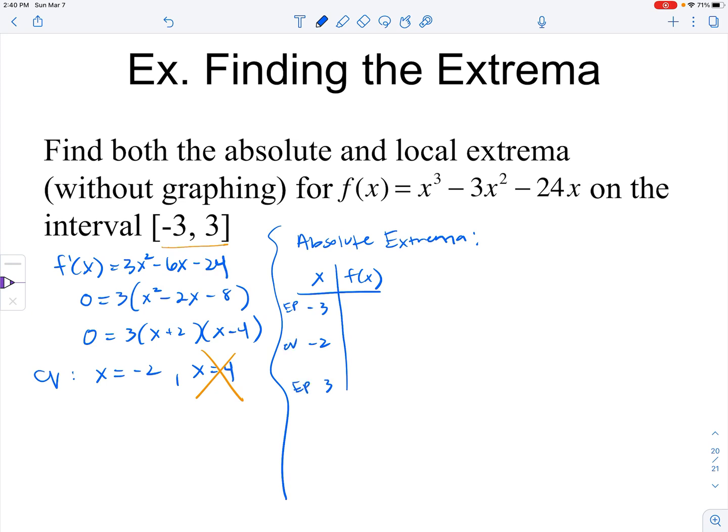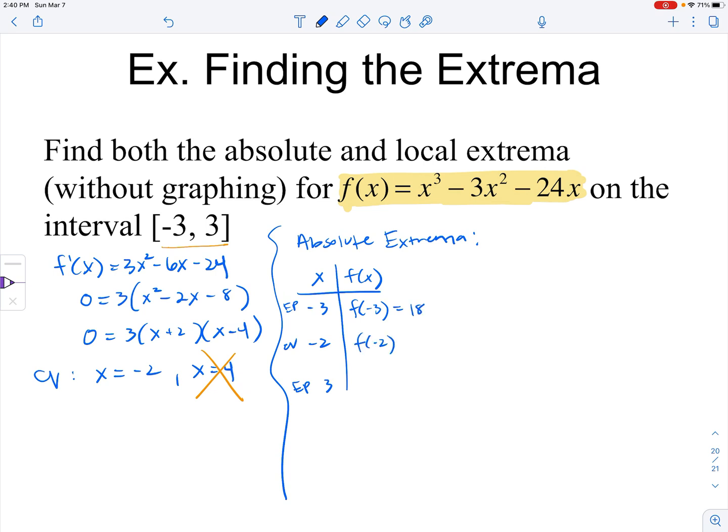I always like to label what they are: endpoint, endpoint, critical value. And then we're going to see which of these values gives us the largest function value and the smallest function value. So that means we're plugging these values into f of x, into our original function. We're not trying to see the slopes of the tangent lines here. We're trying to see what the largest value is and what the smallest value is.